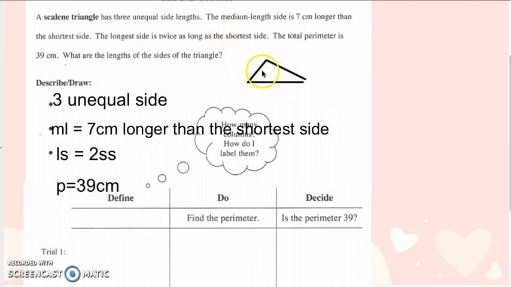And if I say that this is the shortest side, this is the longest side, and this is the medium length side, I know that the medium length side is equal to 7 centimeters longer than the shortest side. So I can do 7 centimeters plus the shortest side. The longest side is equal to 2 times the shortest side. And I don't know anything else about the shortest side.